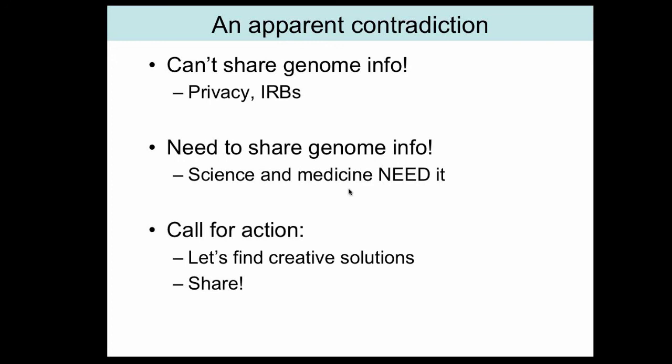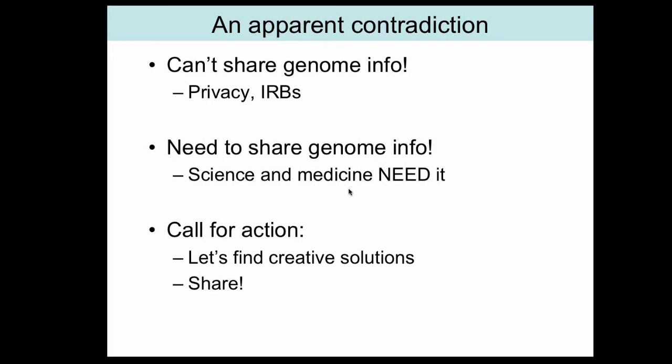So that's an apparent contradiction, and I want to finish my talk here with some kind of a call for action. So we can find creative solutions to how to share the genomic information. So for example, if I now give you that coverage profile, that's significant information that is present in those personal genomes that is not personally identifying.